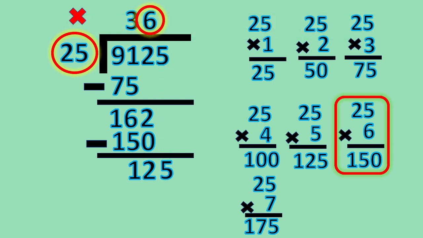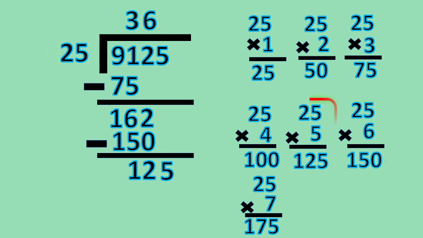So it becomes 125. Then, find how many times 25 will it take to 125. We have here 25 times 5 is equal to 125. We write 5 above the 5.